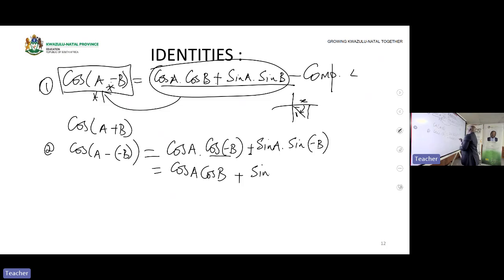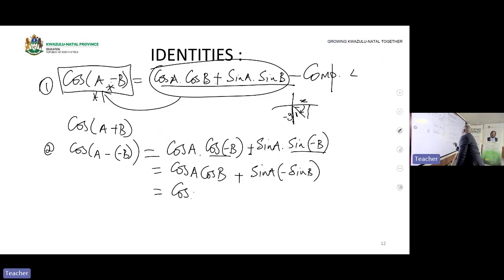So it's going to be sine of A. This one is in the fourth quadrant, and sine is defined by y. How is y in the fourth quadrant? It is negative because it is below the x-axis. Therefore, it's going to be times negative sine of angle B. Then we simplify.